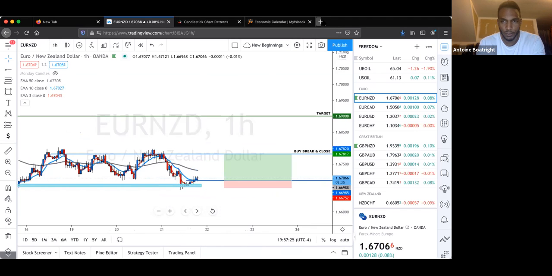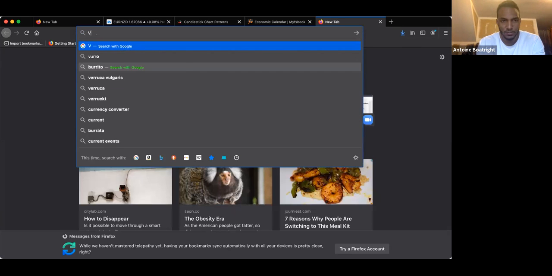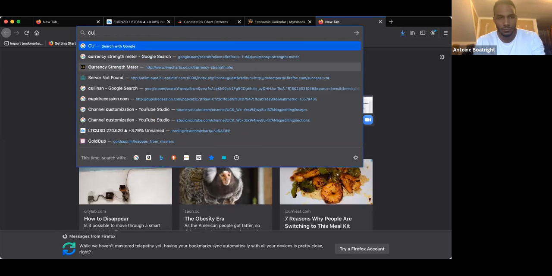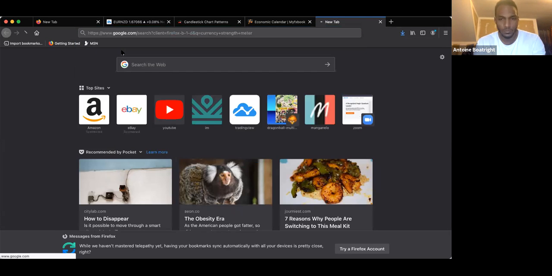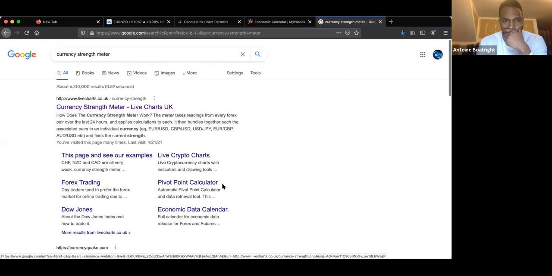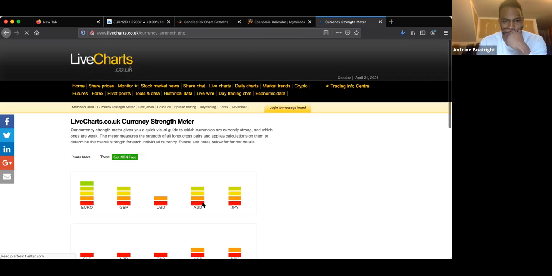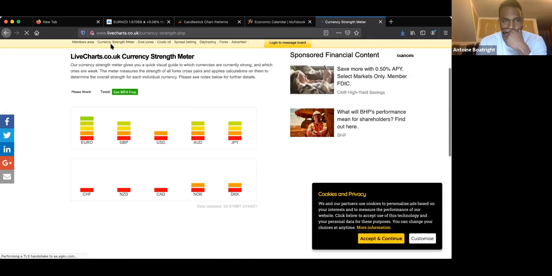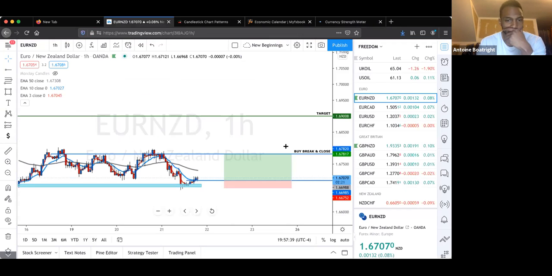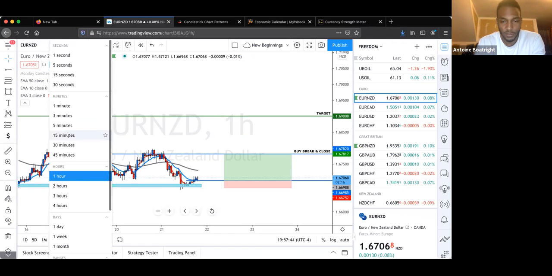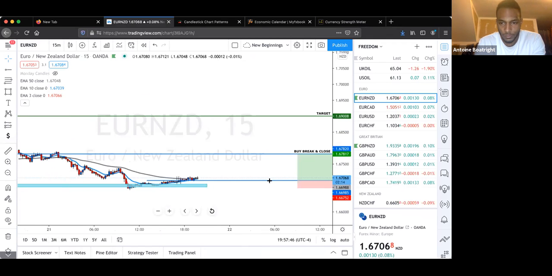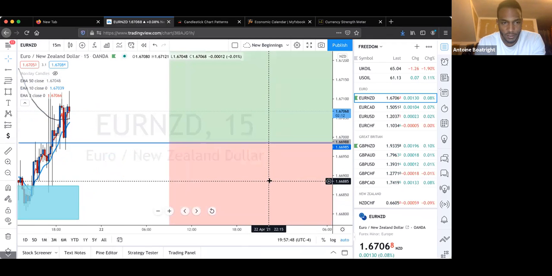Let me see what the currency strength meter is showing. Oh yeah, I like that. And we don't have no news. So yeah, I like that actually.